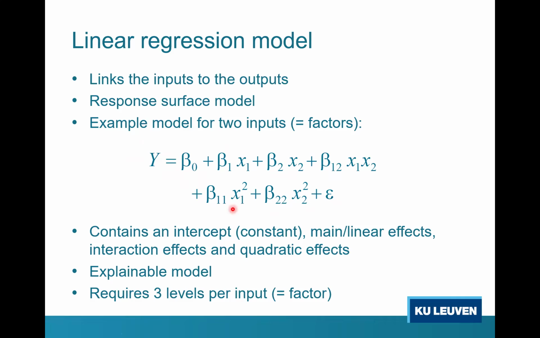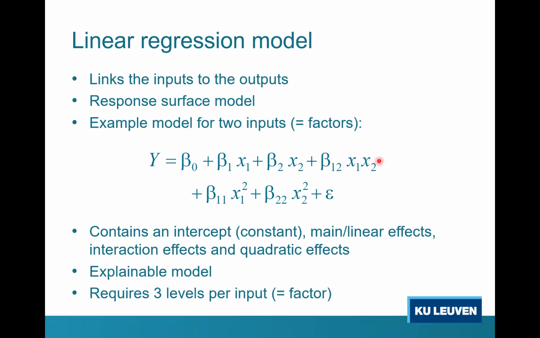These betas jointly describe the effects that the inputs have on the output, and the effects that the inputs have on the output can be decomposed into linear effects. So here you see terms that are linear in the x's. The betas that go with these terms are the main effects, so the linear effects of the x's.